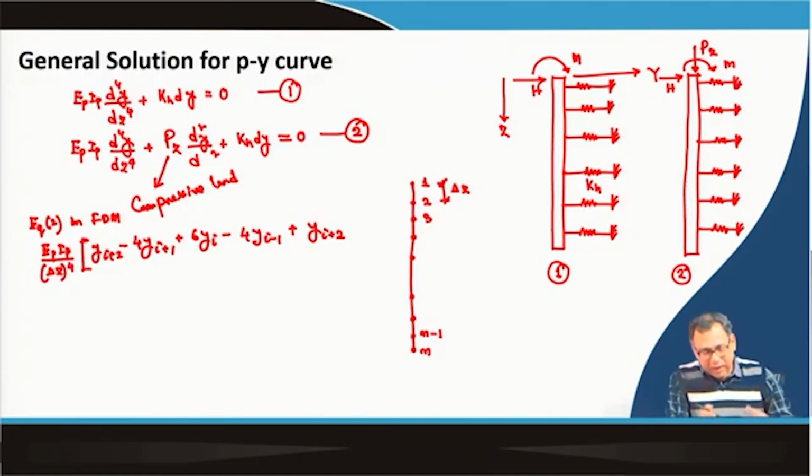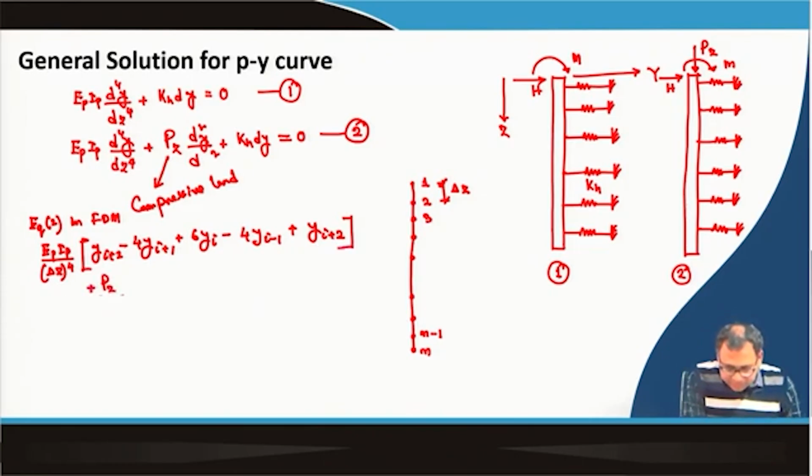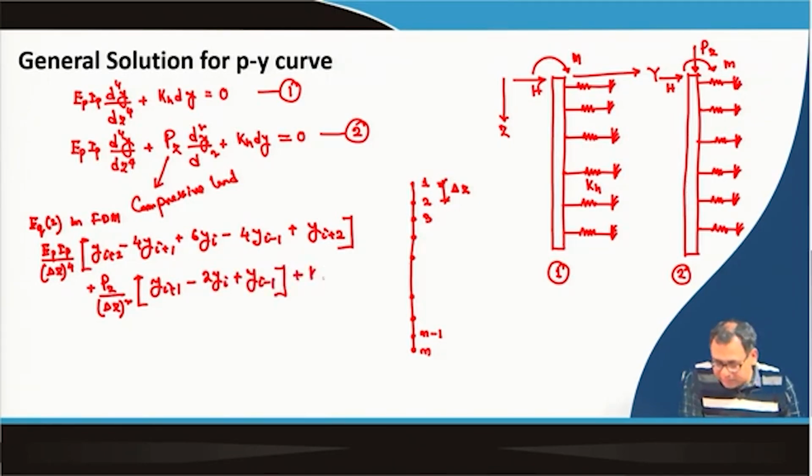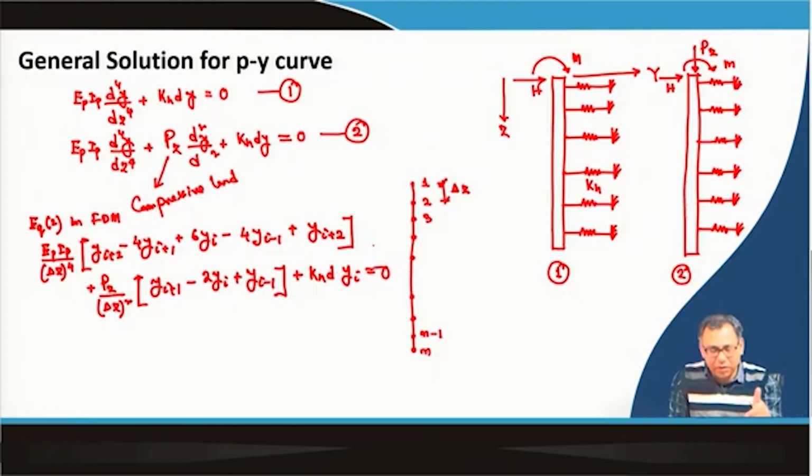I have already discussed how these equations come in finite difference form. Then plus P z divided by del z square, this will be y i plus 1 minus 2 y i plus y i minus 1, then plus k h d y i, that is equal to 0. So, this is the finite difference form of equation number 2, because that is the more generalized equation, where we have considered the effect of compressive load also.